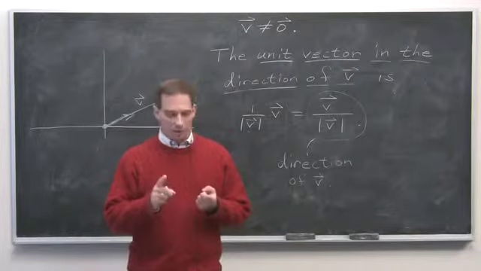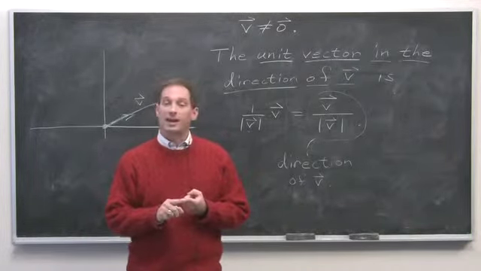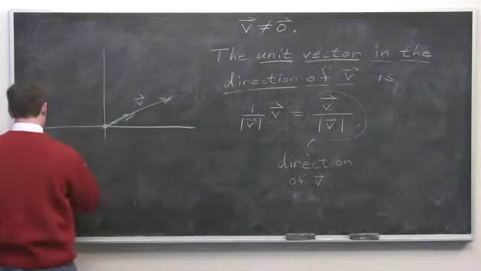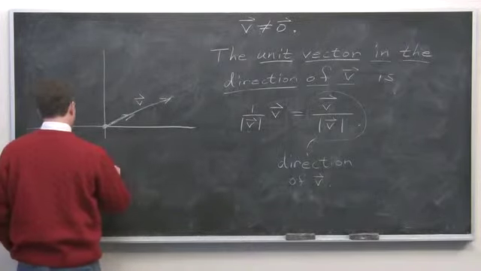So there are two obvious choices. We could either say the 0 vector has no direction or that it has every direction. It is fairly standard, and we're going to adopt this convention. We'll say the 0 vector has every direction.